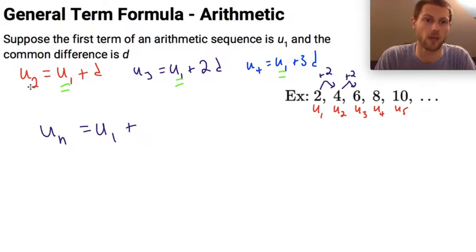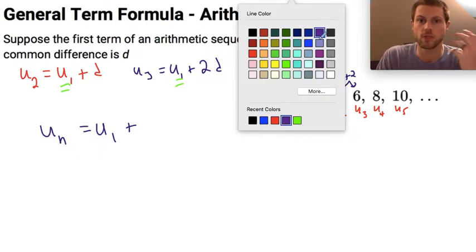So when I'm looking for my second term, I'm just adding the difference. When I'm looking for my third term, I'm adding 2 times that difference. When I'm trying to figure out what my fourth term is, I'm going to add 3 times that difference to my first term.